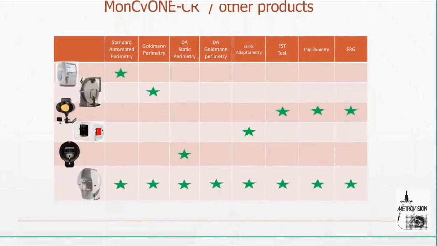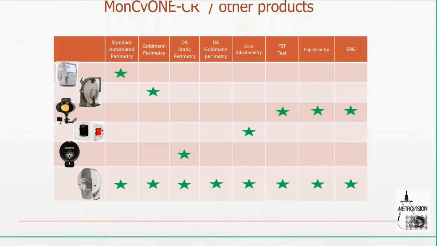Now, I will not speak too much about the competition, but as you know, there are a number of equipment that can do the same, more or less, but they can do most of the time only one thing. Goldmann perimetry only does Goldmann perimetry. We have some competitors for electrophysiology, but they do essentially electrophysiology. We have people who do dark adaptometry, but they do only dark adaptometry, and so on.